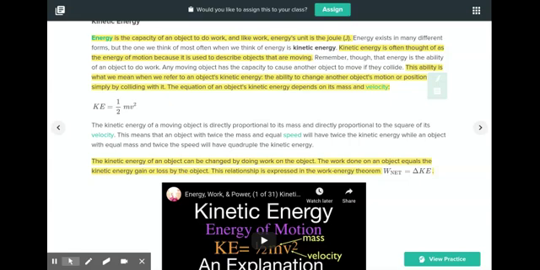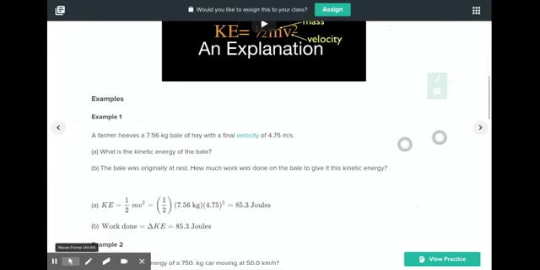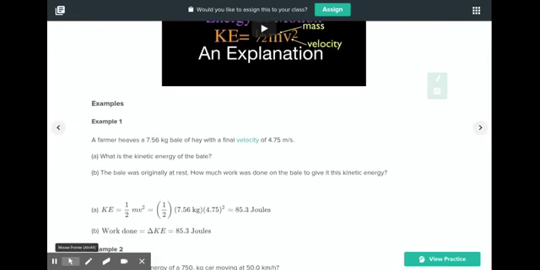The relationship is expressed in the work-energy theorem. W net, that means overall work, equals delta KE, the change in kinetic energy. It is a mathematical form to express the work done. Okay, that's very straightforward. There's nothing more to say.